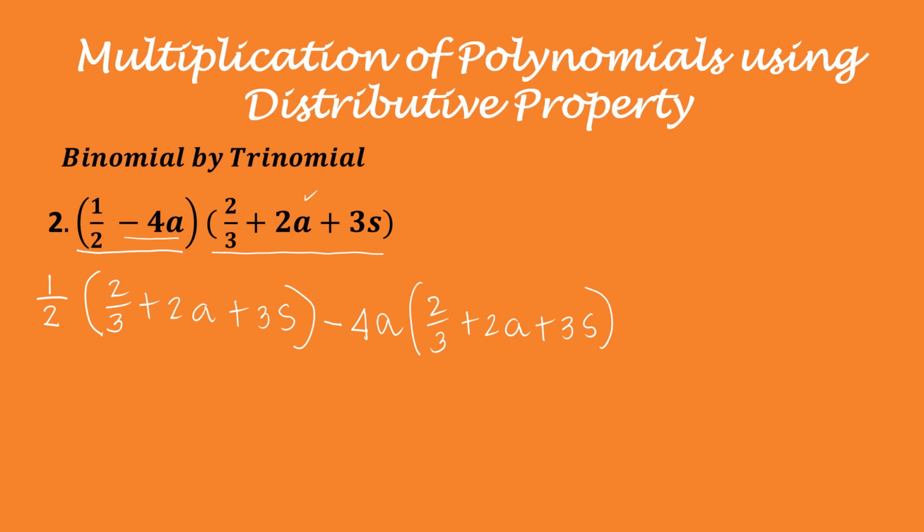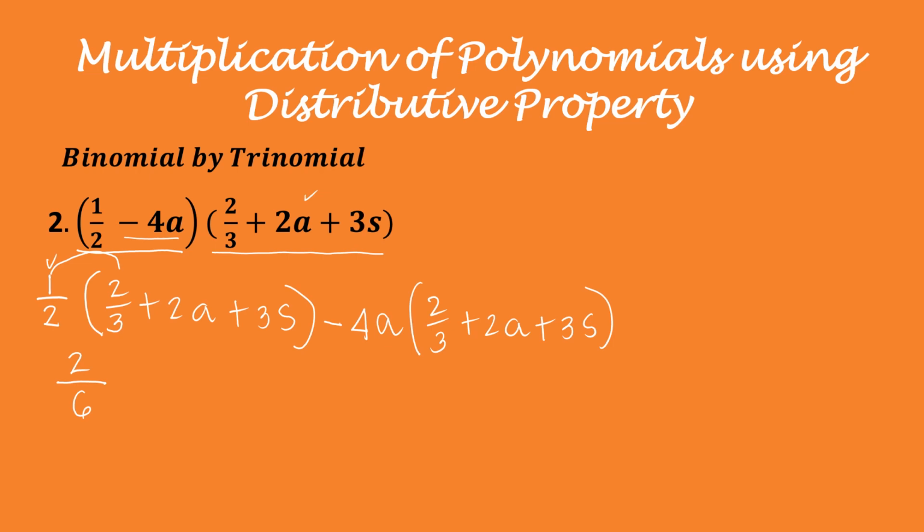So let us now distribute the monomial to the trinomial, so monomial 1/2 to the trinomial. Inside this parenthesis, we are going to apply the multiplication of fraction. So 1 times 2 will give us a 2, while 2 times 3 will give us a 6.